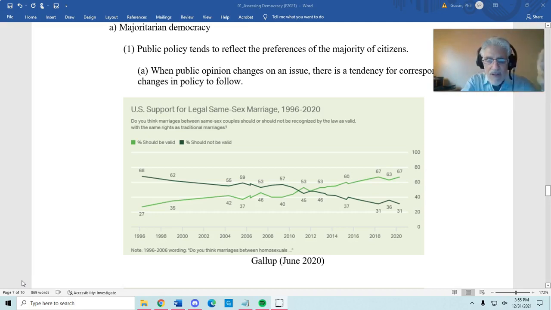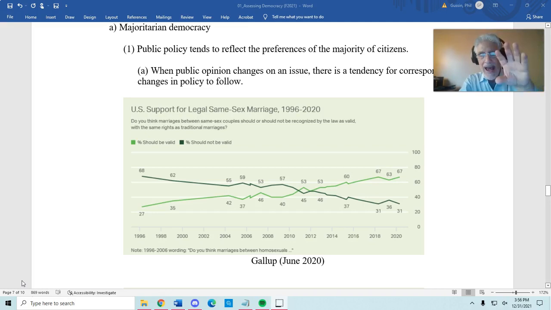Then around 2008, 2010, you start to see a shift. And more states start permitting same-sex marriage. California had passed Proposition 8, which said that California would only recognize marriage between a man and a woman, but the courts in California ruled that law unconstitutional, and same-sex marriage became legal in California.